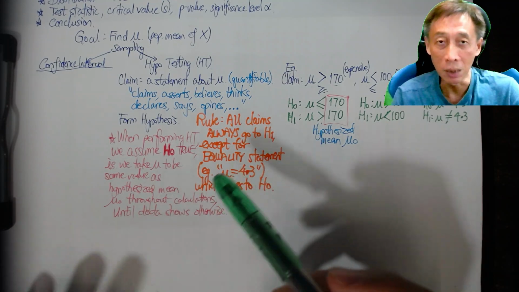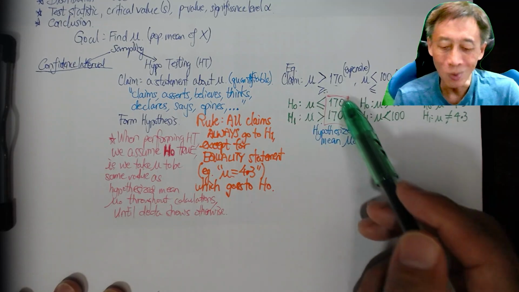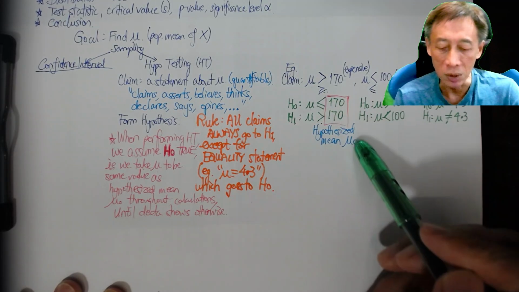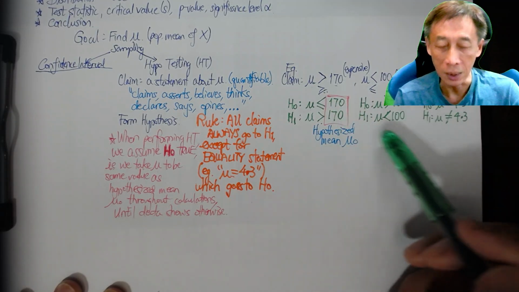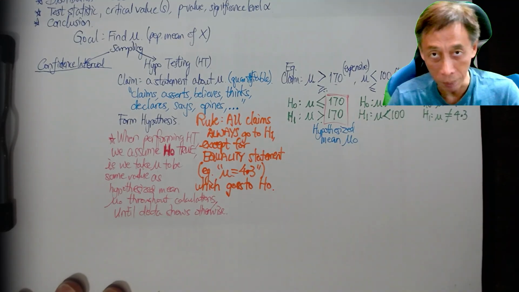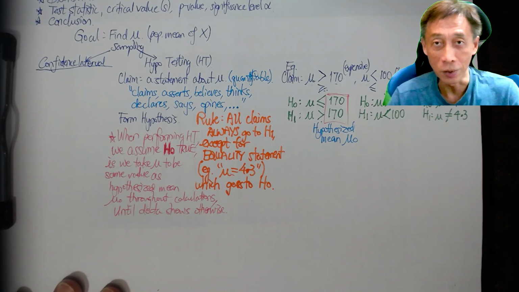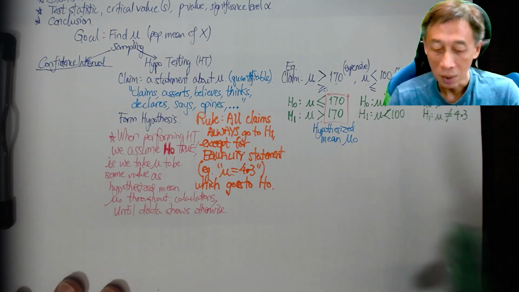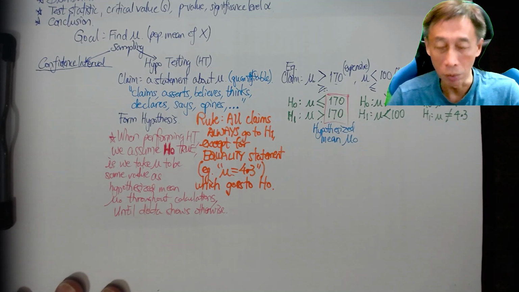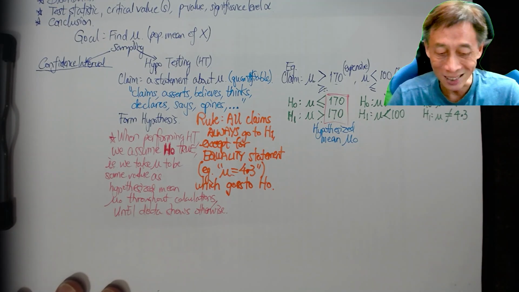What does it mean by assuming to be true? We take the value of mu as if it is mu zero, the number on the right side. So it's always good to express the number on the right side, especially when we talk next about 2 population or even 3 population means test, then we need to remember to put the number on the right side. Okay, so that's the claim and hypothesis.